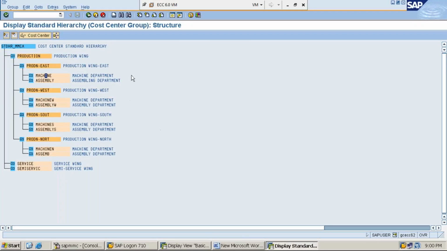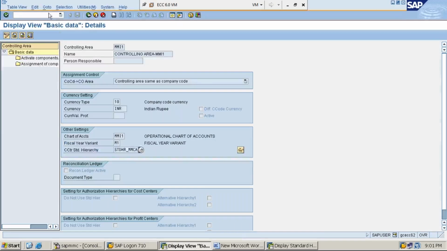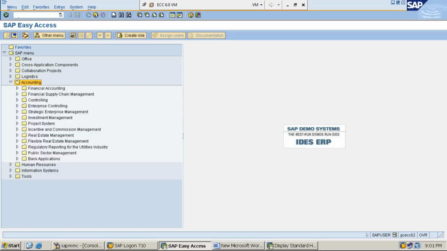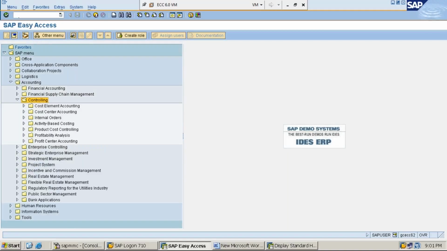Take the path. SAP Easy Access, accounting, controlling. Then what will be the path? Cost center accounting. Next, correct, cost center accounting.